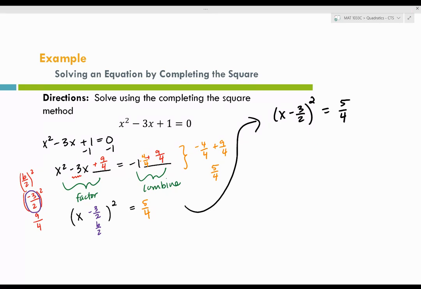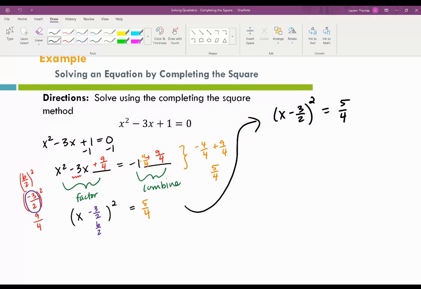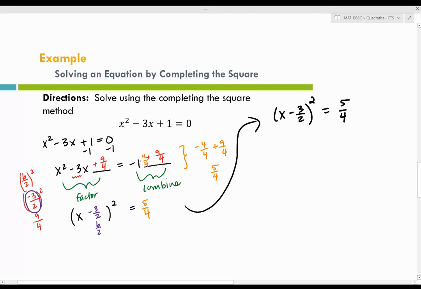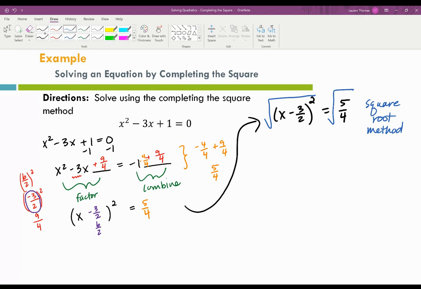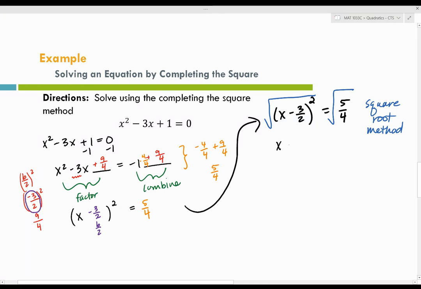Remember now it's set up perfectly to use the square root method. So I'm going to take the square root of both sides. When I do that, it's going to leave me with x minus 3 over 2 equals plus or minus the square root of 5 over 4.